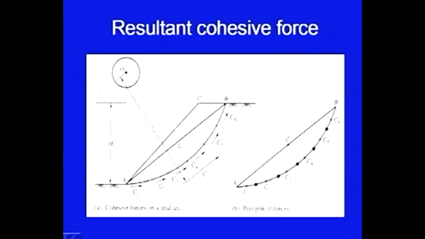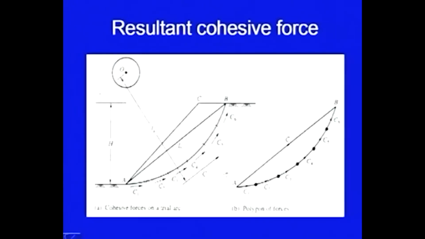If we plot all these small forces C1, C2, C3, C4 and draw the force polygon, then this line A dash B dash represents the resultant of all these cohesive forces, in magnitude as well as in direction, and A dash B dash will be equal to AB here. So, the length of this chord represents the magnitude of the cohesive forces.